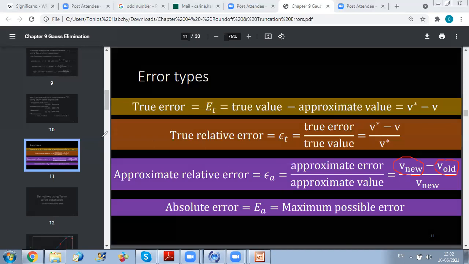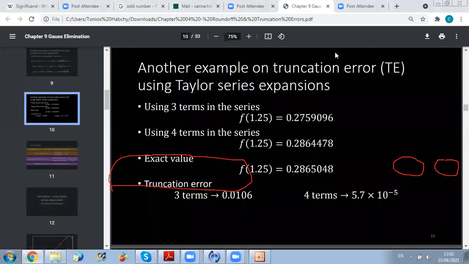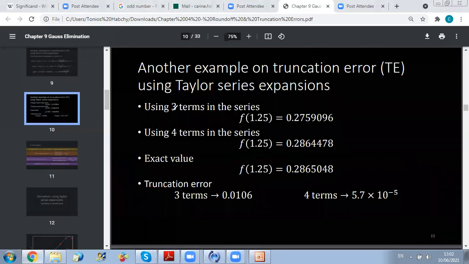So here, for example, if you want, in the previous example, to assess what is the approximate relative error, we can do the following. Going back to the previous example, you can compare iterations. If you take 3 terms and if you take 4 terms, these are 2 iterations. You can compare these two. So you can say, this is the number I obtain if I include 3 terms, and this is the number I obtain if I include 4 terms.